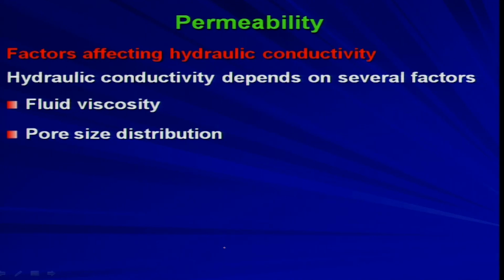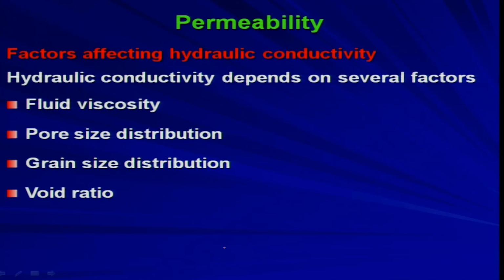Pore size distribution, because permeability depends on the interconnected pore space, and therefore pore size distribution is essential to determine the permeability. Grain size distribution is another factor which will affect the permeability to a great extent.